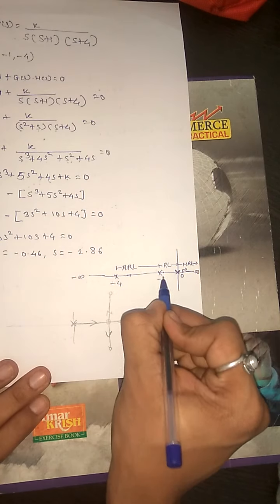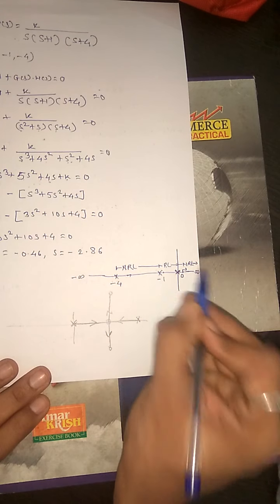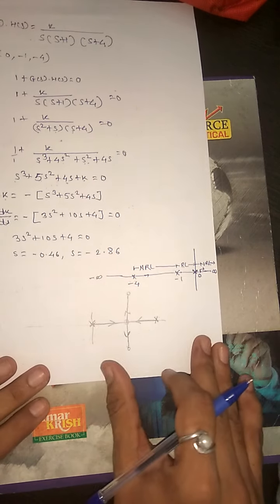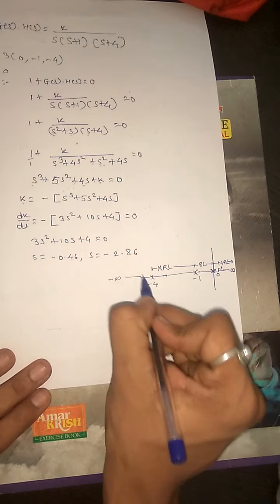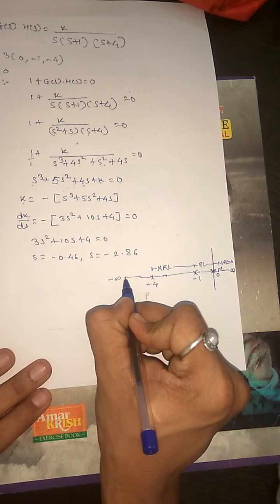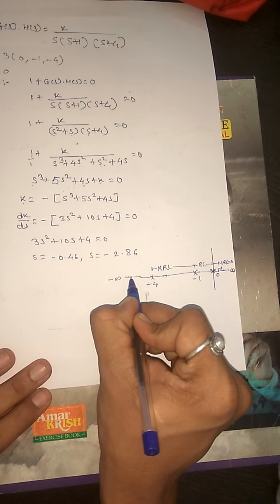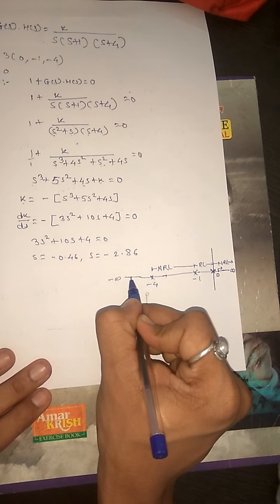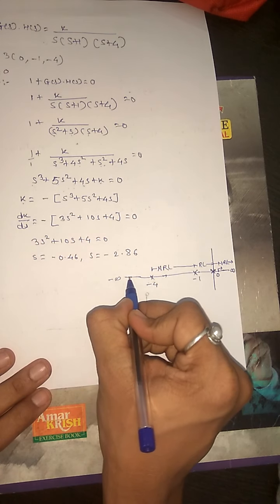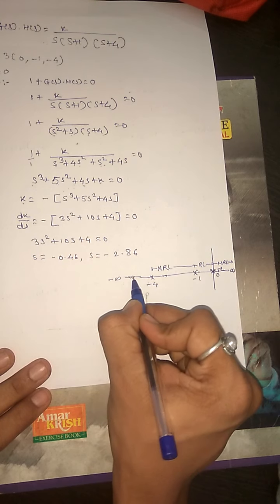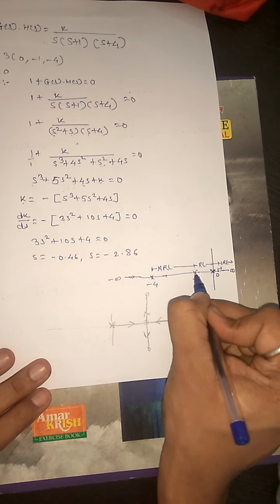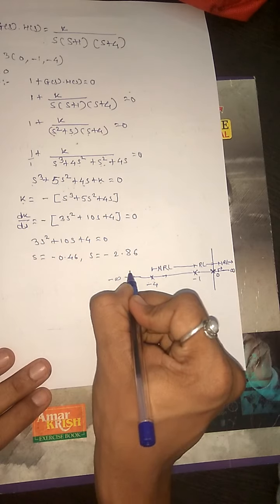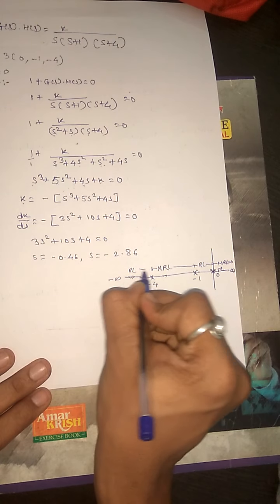Last region is minus 4 to minus infinity. Put one point again, check on the right hand side: 1, 2, 3. On the right hand side 3 is an odd figure, that's why it is a root locus region.